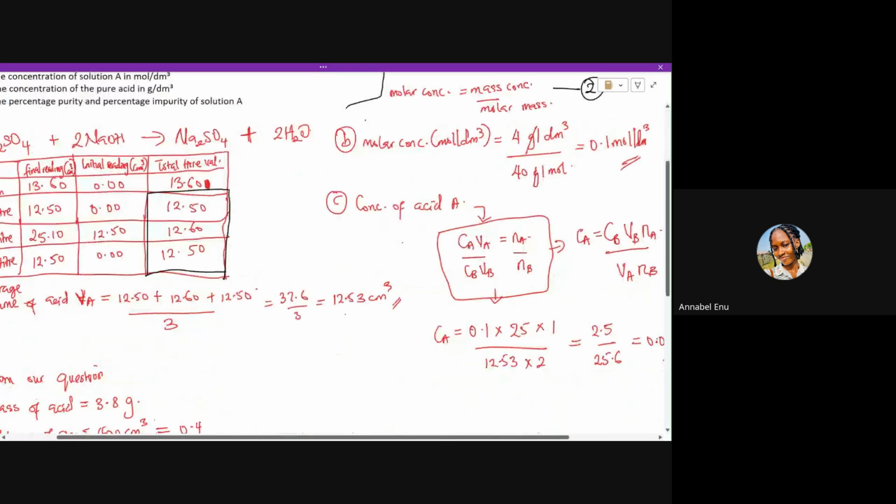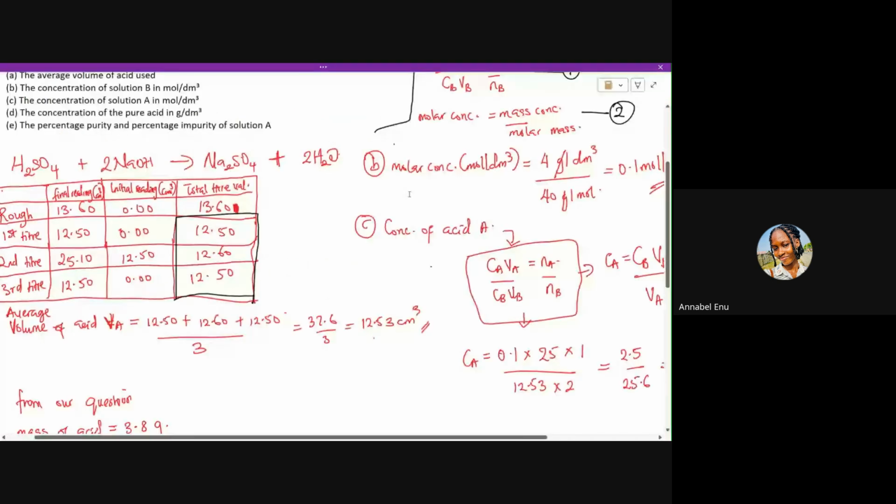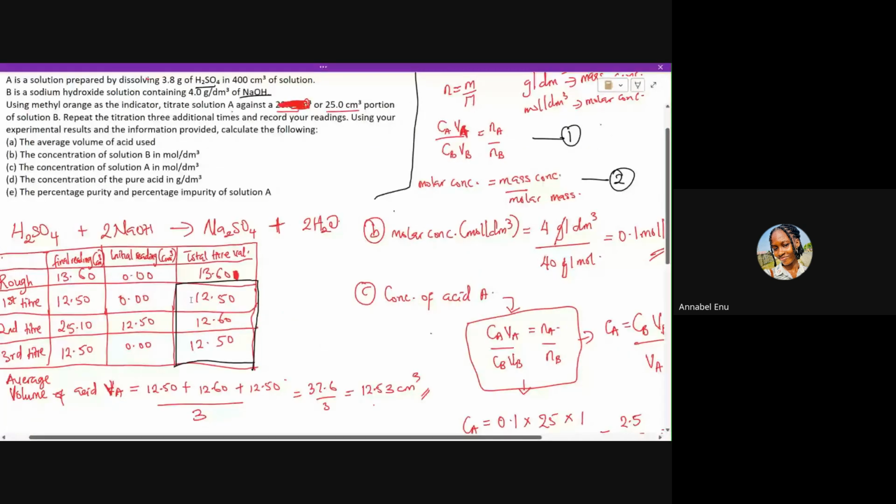Good. So mass concentration is equal to molar concentration times molar mass of A. This is how we are going to get the mass concentration of the impure acid, the calculated one. We can liken it to the calculated one, based on our value of titer and readings and the rest.